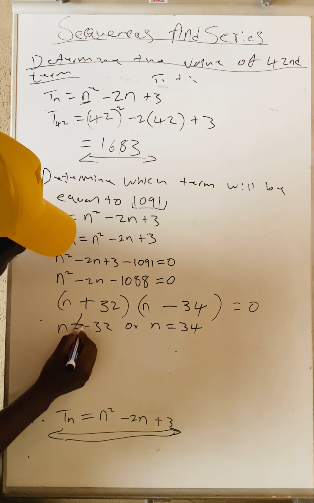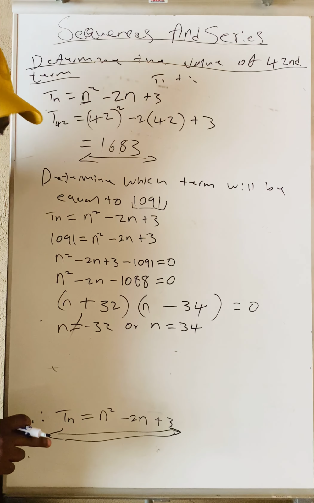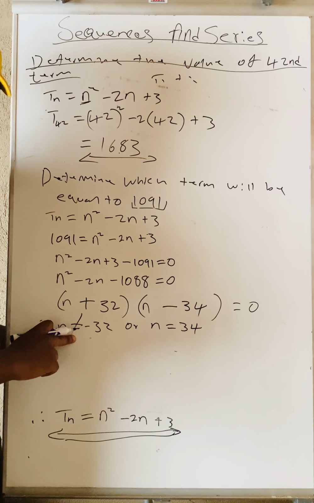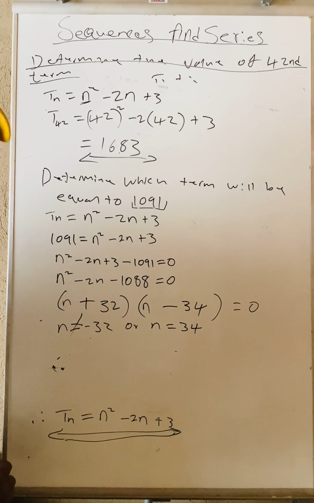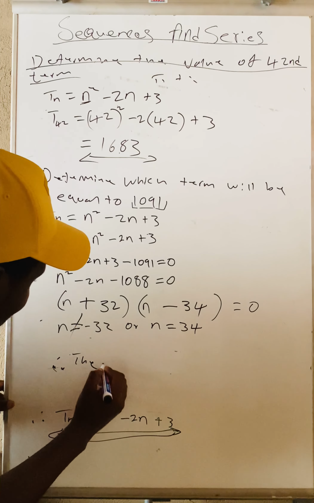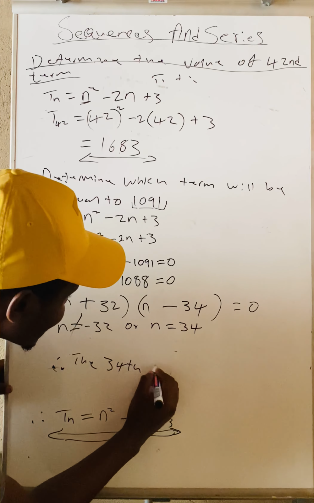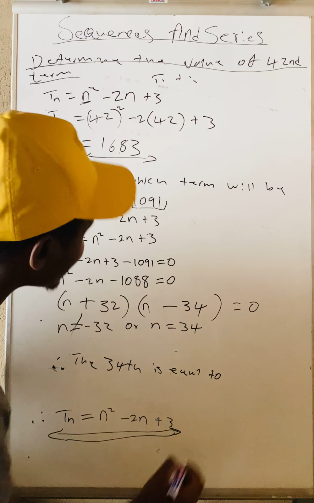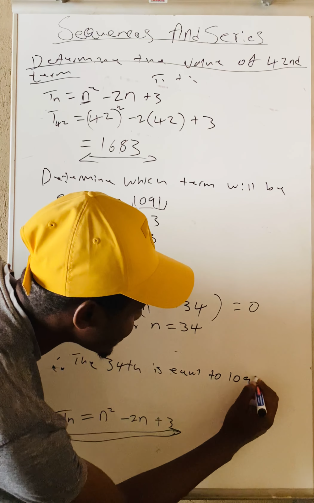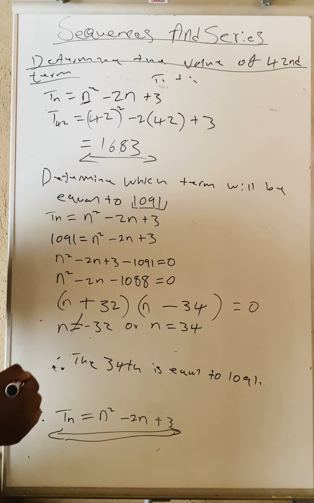As we pass calculator, we'll find this one is not equal to 1091, right? Therefore, this one is not. You can say, therefore, the 34th term, right, is equal to 1091. You get it. If you don't get it, watch the video. You will get it.